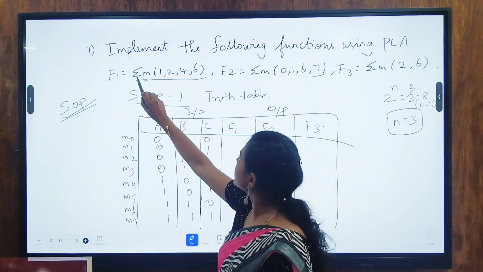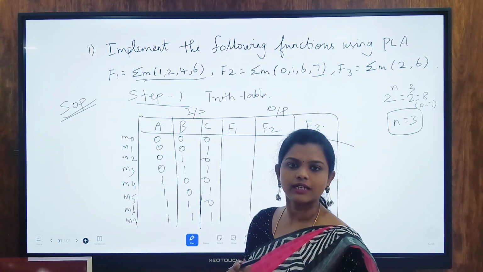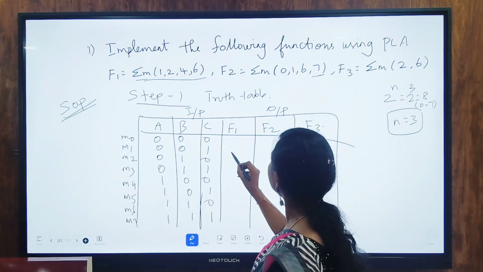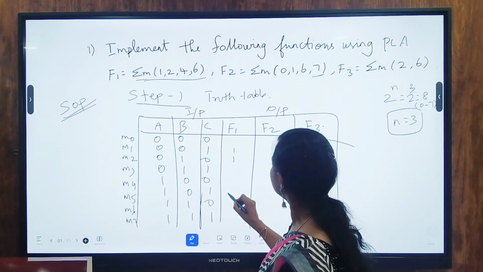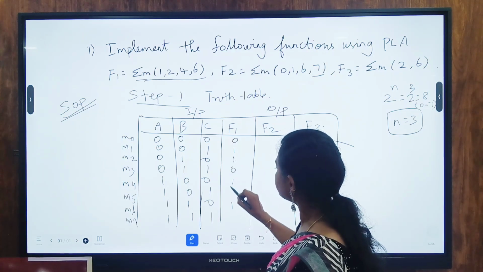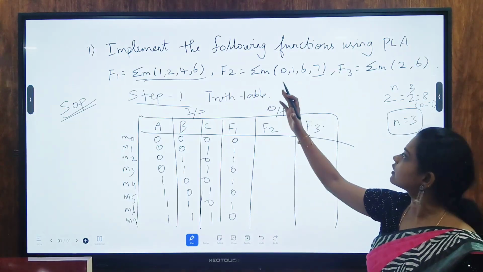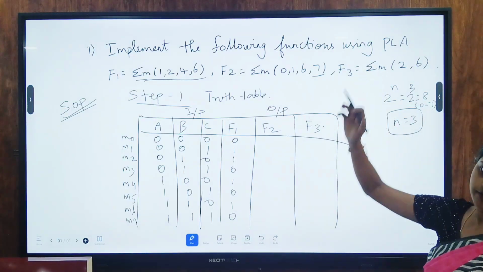So for F1, what are the given minterms here? Minterms 1, 2, 4, 6. For the respective minterms, I am going to plot 1: 1, 2, 4 and 6. For the remaining, I am going to plot 0.